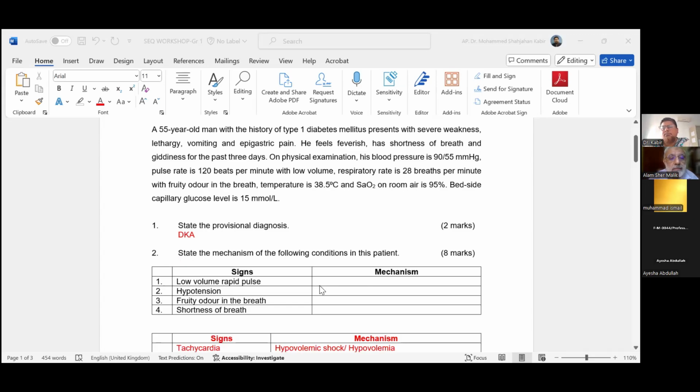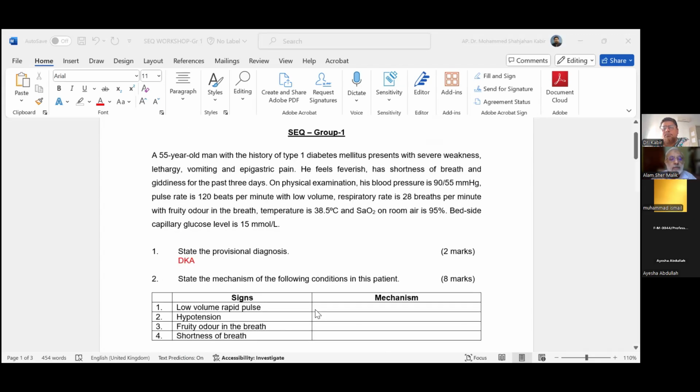State the mechanism of the following conditions: low volume rapid pulse, hypotension, fruity odor in the breath, and shortness of breath. So you want them to give the mechanism without relation to the diagnosis?